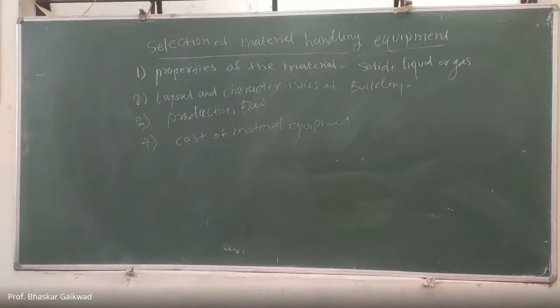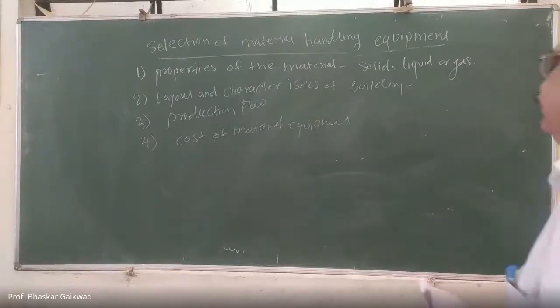If it is discontinuous, we can use overhead cranes. If continuous production is there and you are not setting up a conveyor, then problems will be there. So you can think over the cost of material handling, and the nature of the operations, whether handling is temporary or permanent.